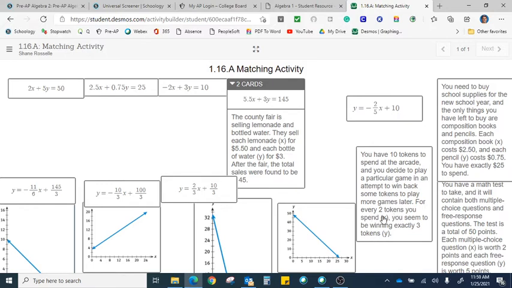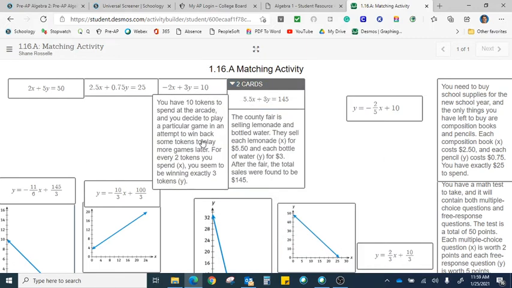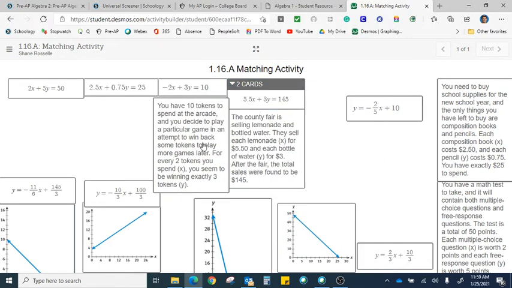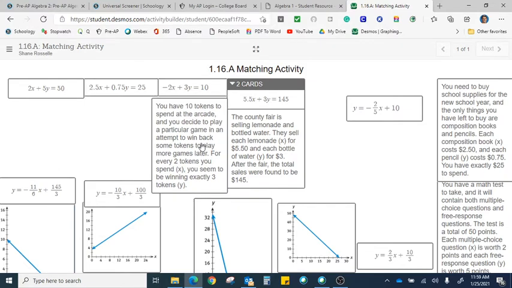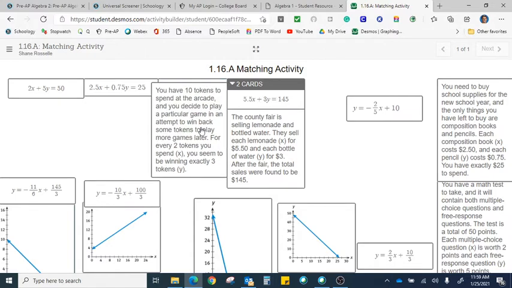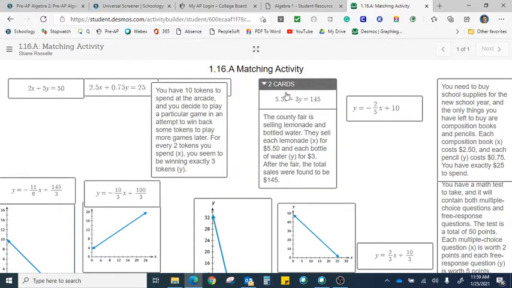You're taking away. So every 2 tokens that you spend, you seem to be winning exactly 3 tokens. All right, so you're doing pretty good. You're spending 2 tokens. You're going to be playing for a long time, right? Go to the Penny Arcade down in Manitou, and you're going to be playing for a while. Okay, so if you look at it, spending 2 tokens, 3 tokens is how many you're winning. So that's going to be positive 3, and it says you have 10 tokens to spend. All right, so negative 2x plus 3y equals 10, and we can go ahead and match that up right there. Move this over here.